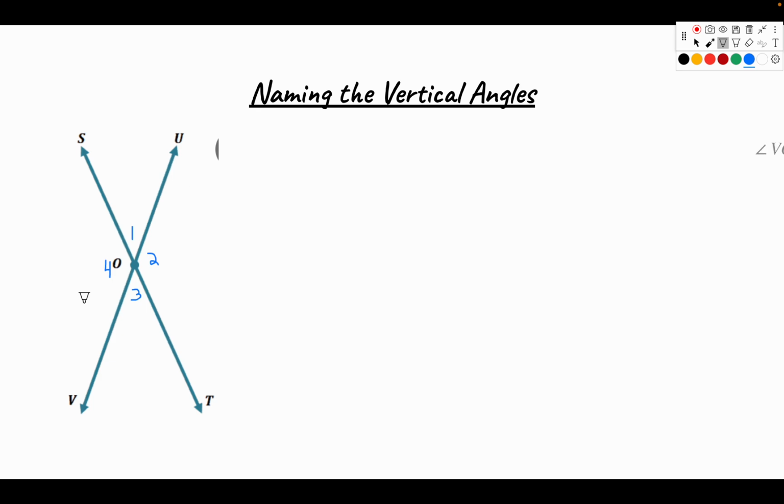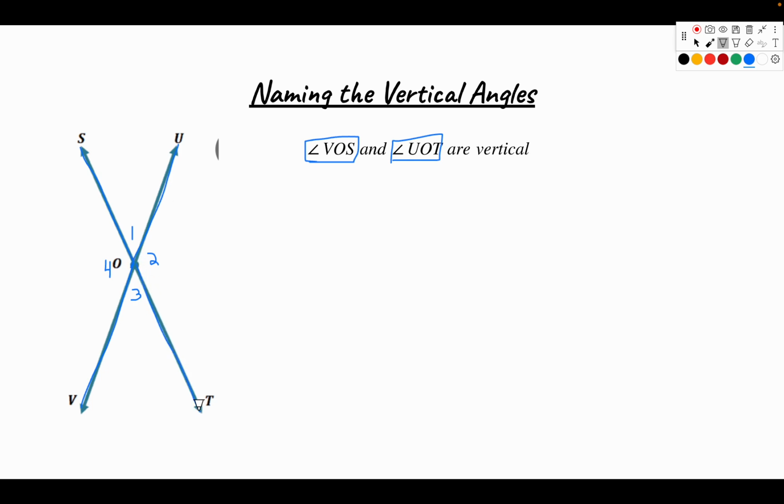And we know that angles 2 and 4 are vertical. Angle 4 is angle VOS, so it goes from V to O out to S. And angle 2 is represented by angle UOT, so from U to O and out to T.